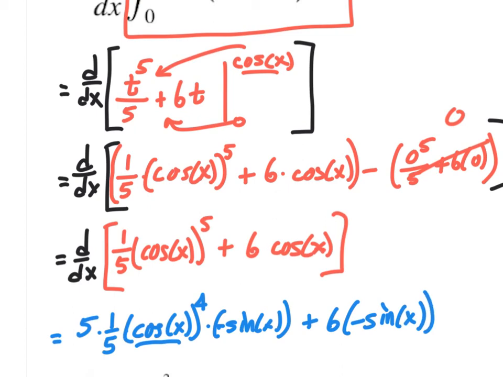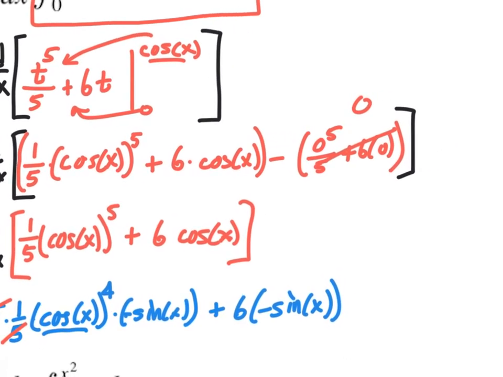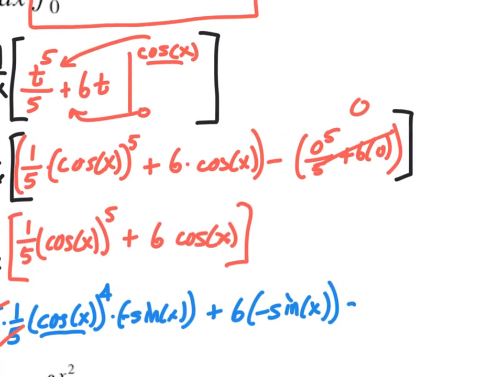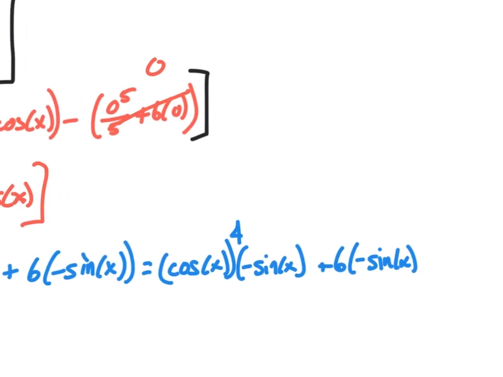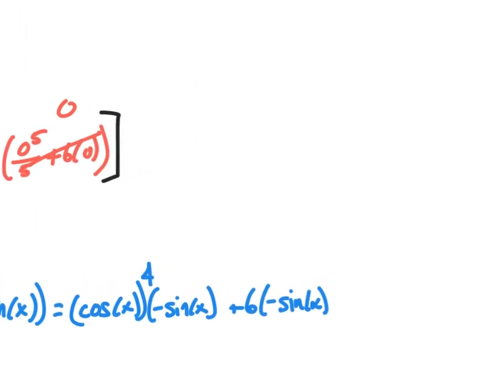Now I'm going to do a little bit of simplification here. I can divide out my 5s, and then the next thing I get is cosine of x raised to the 4th power, times negative sine of x, plus 6 times negative sine of x.